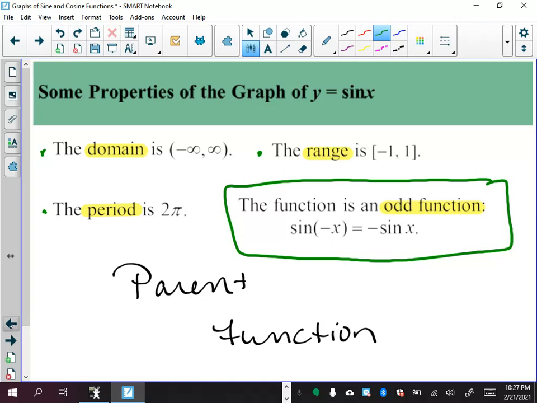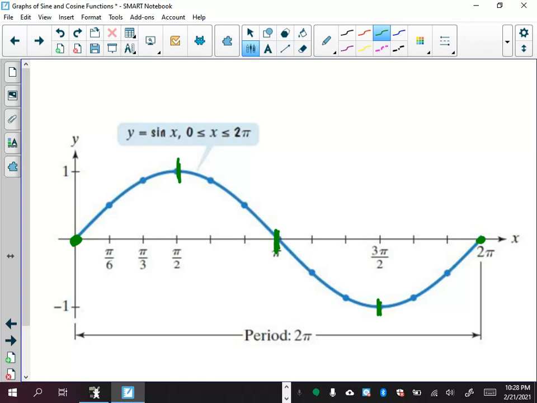And you can see, I'm going to go back a slide. You can see where that comes true, because if I'm plugging in all these negative numbers here, when I get to this piece right here, I actually have that symmetry.